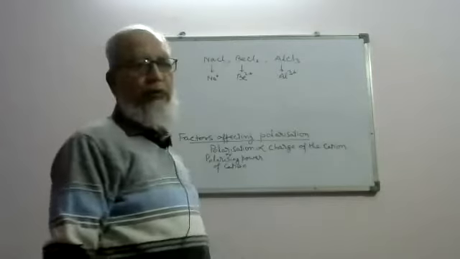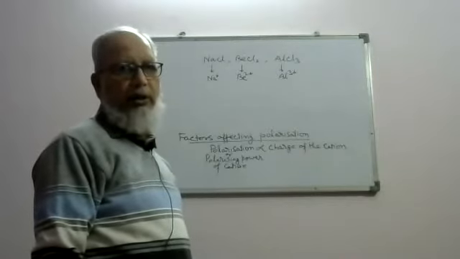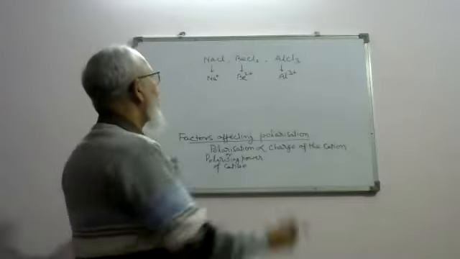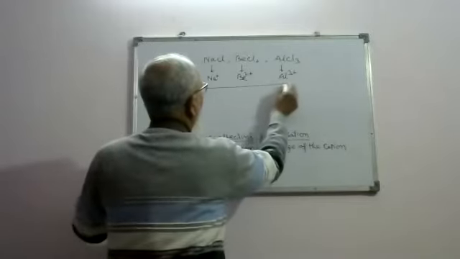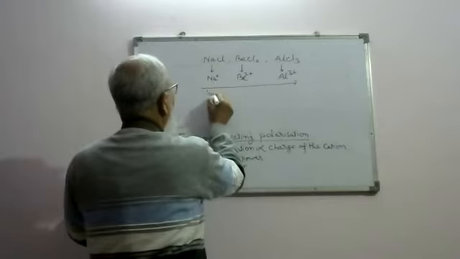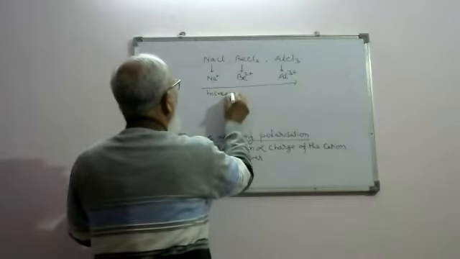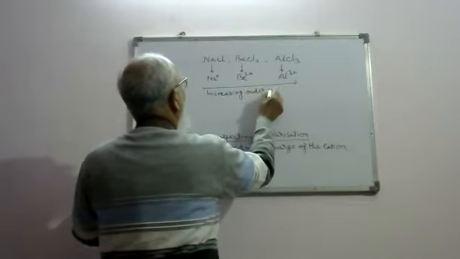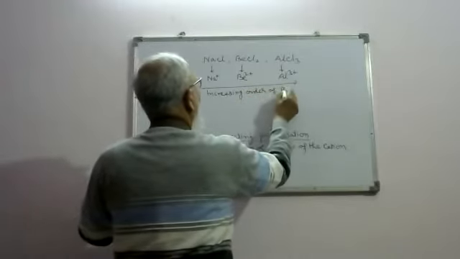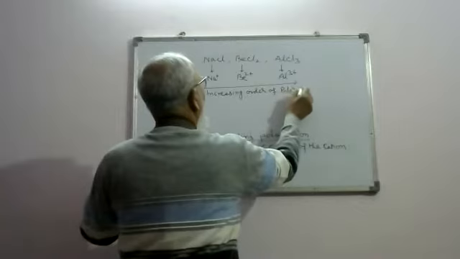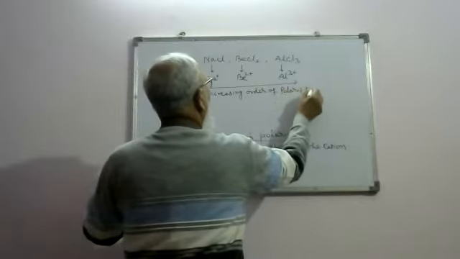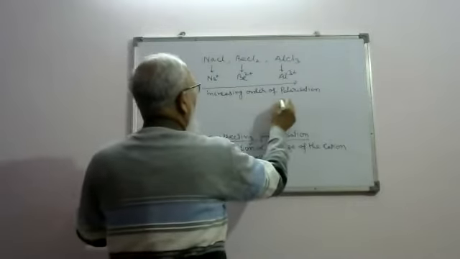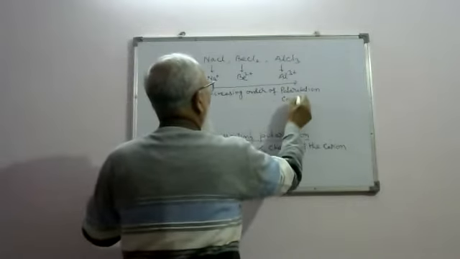In NaCl it will be least, and in BeCl2 it will be in between these two. So this is the increasing order of polarization, and if the polarization increases, then this will be the increasing order of covalent character.